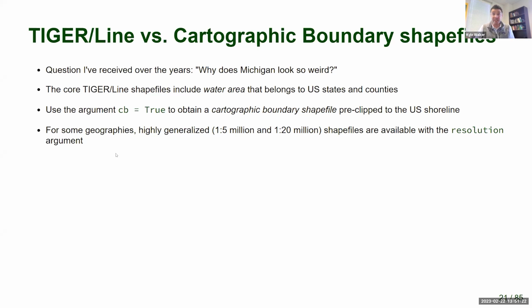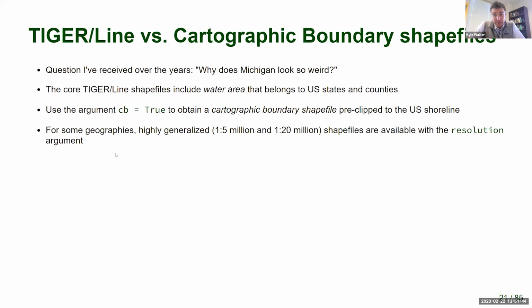A common question that I've gotten over the years is, why does Michigan look so weird? People have gone in and downloaded Michigan from the core TIGER/Line dataset, and Michigan looks very strange because Michigan basically has coastline on 3 sides of it, and so it doesn't really look like people expect it to.